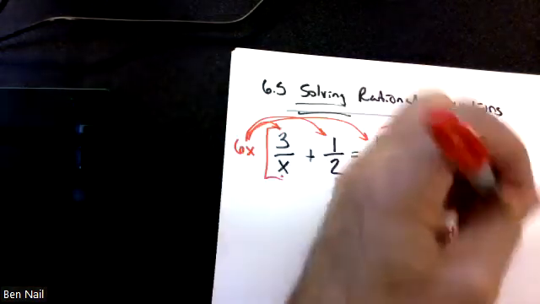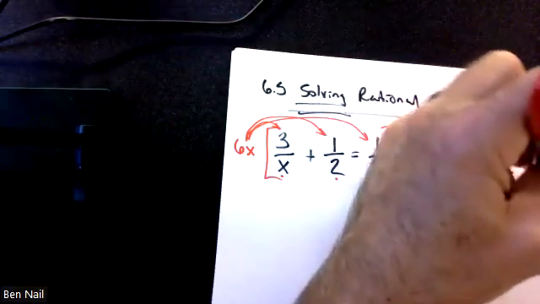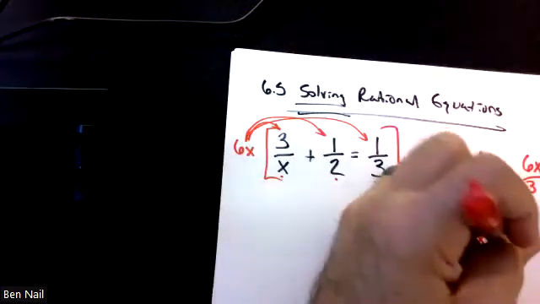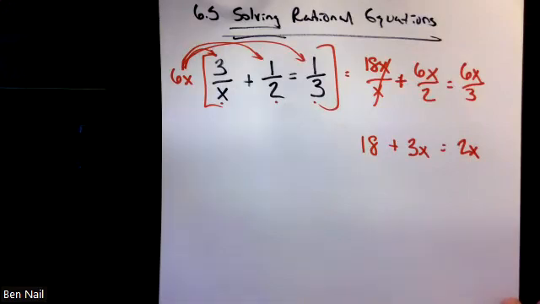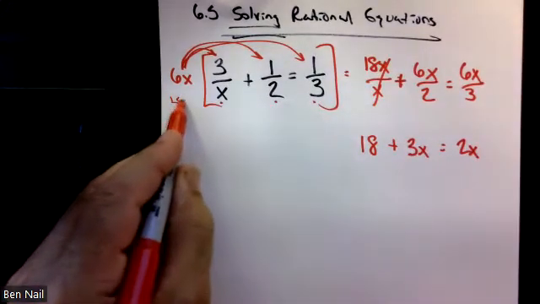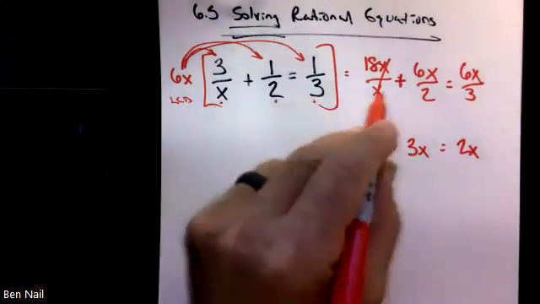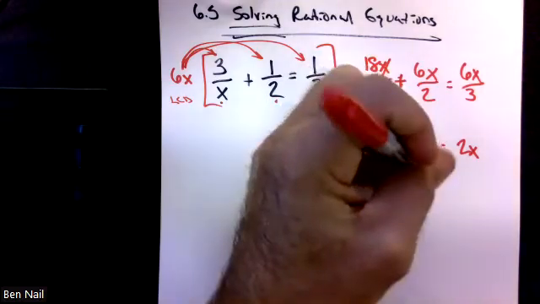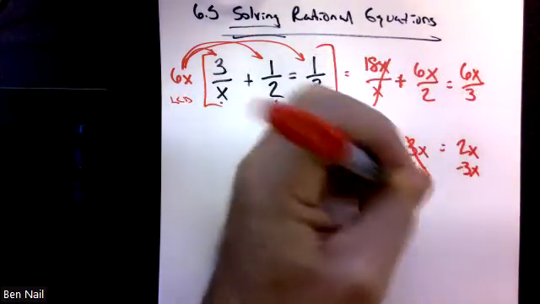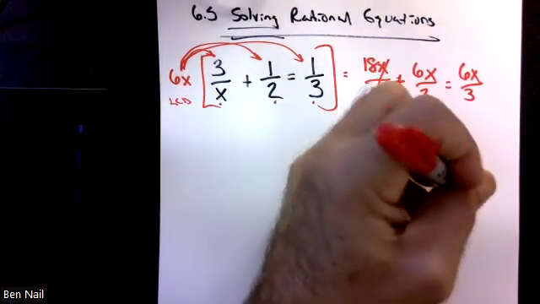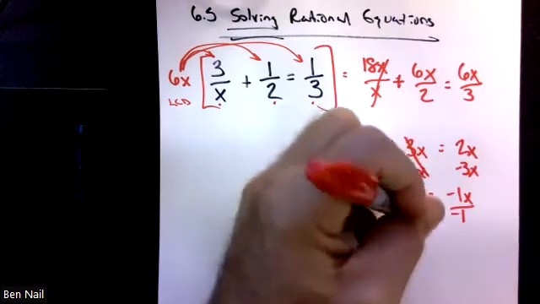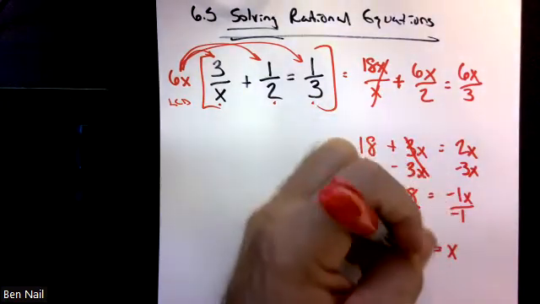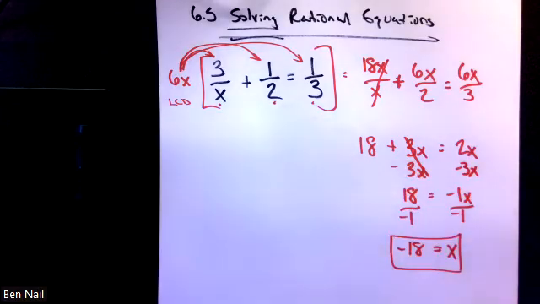We multiply 6x times 1 over 3, we get 6x over 3, which is 2x. So again, if you multiply by that lowest common denominator, we can get rid of the fractions. Once we get rid of the fractions, this is just a basic linear algebra problem. Get your x's on the same side. Divide, divide. x is negative 18.